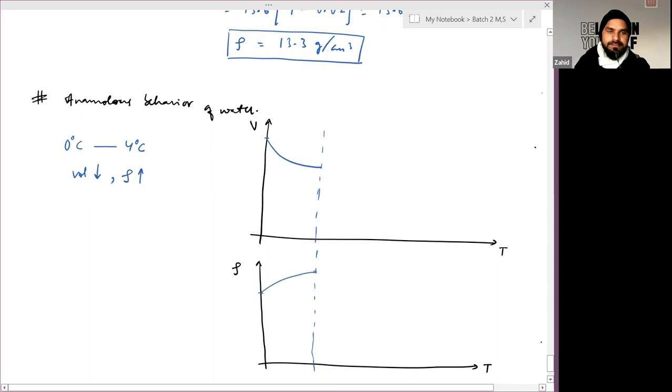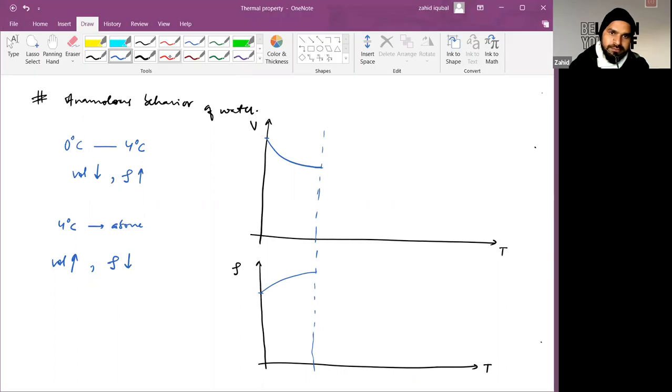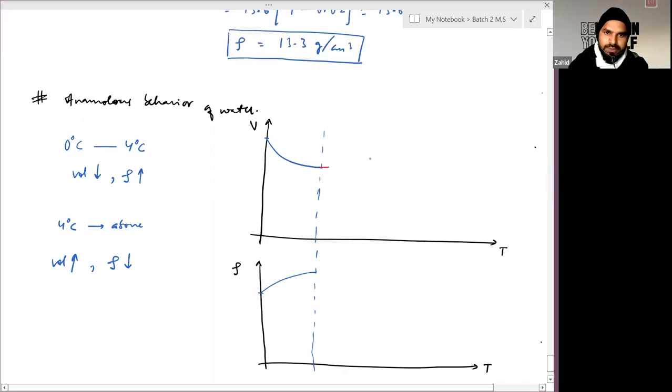Above 4 degrees Celsius, volume will increase with rise in temperature and correspondingly density will decrease due to the increase in volume.